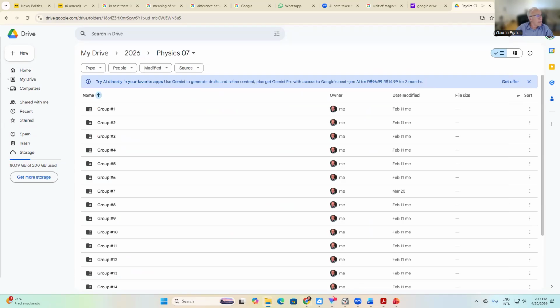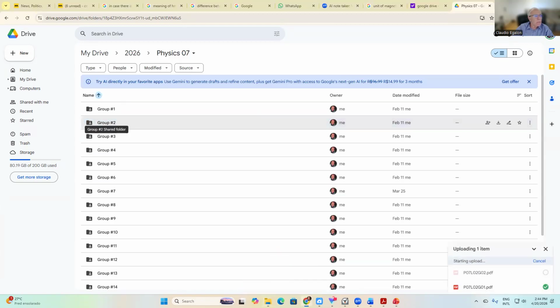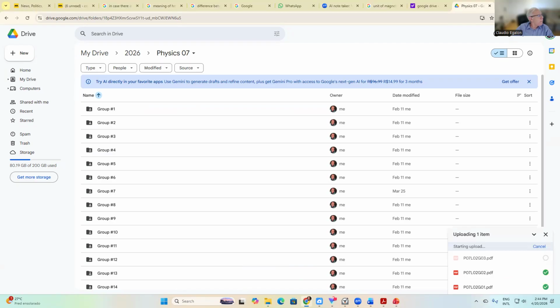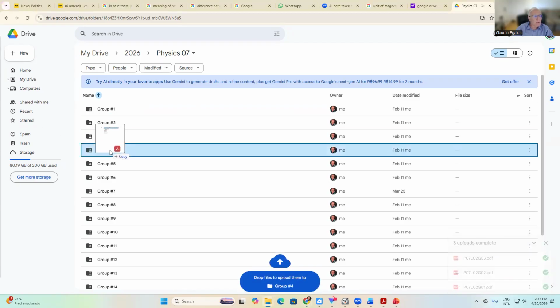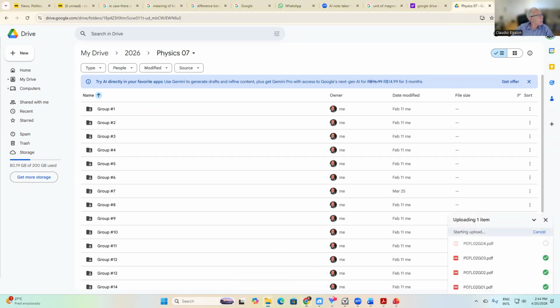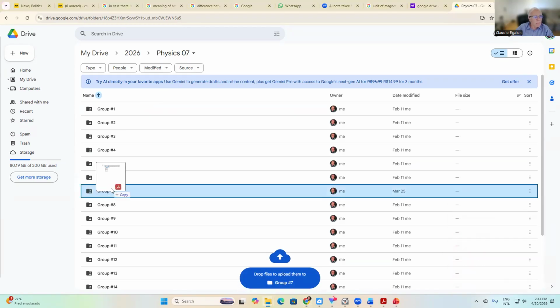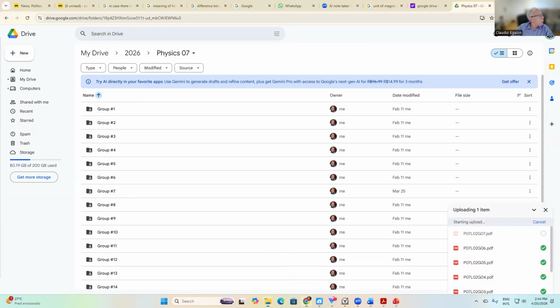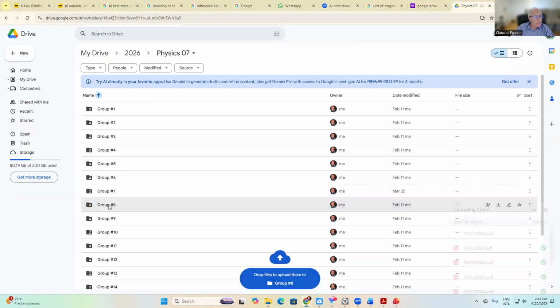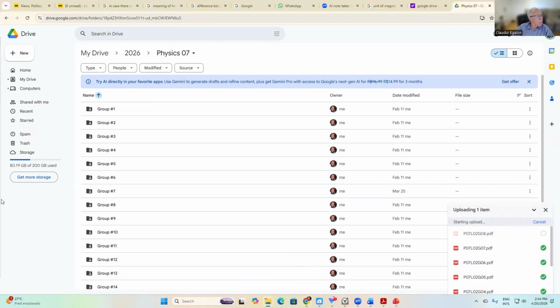Group number 1. We have to adjust our break, right? Now we have to adjust our break. Group number 2. Group number 3. Yes, you know those things that you're sure you have done, but then you find out that you didn't do it? That was one of those. Group number 6. Group number 7. Group number 8. Group number 9.